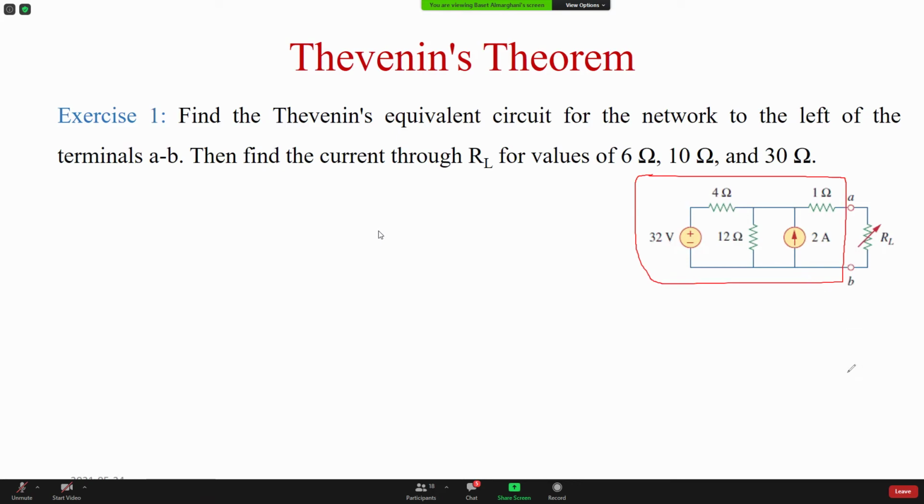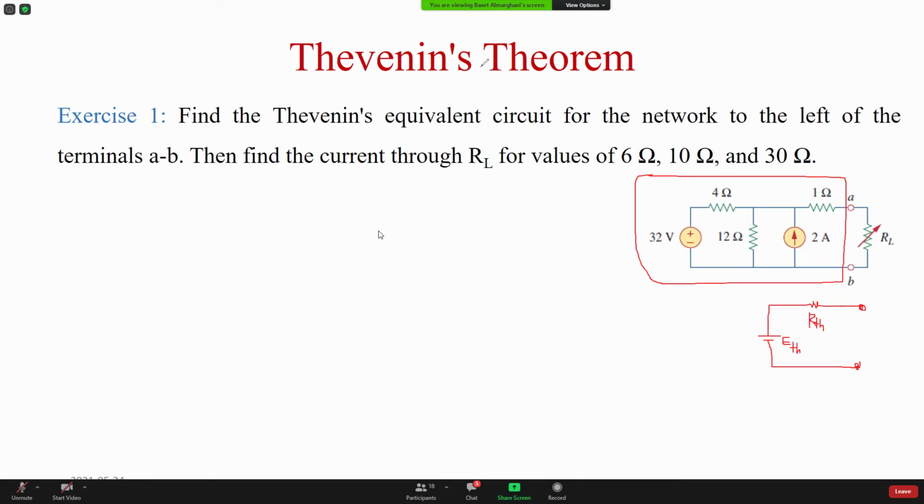So what is going to be the Thevenin equivalent? It's going to be this. This is the equivalent circuit to that one. And I want to find this equivalent circuit: R Thevenin, E Thevenin.